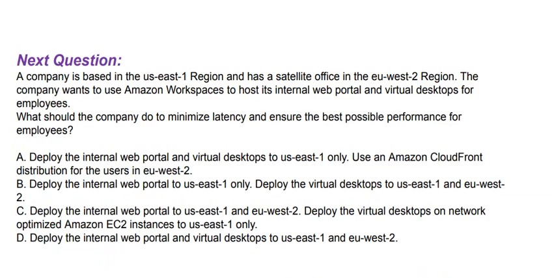Moving to next question. A company is based in the US East 1 region and has a satellite office in the EU West 2 region. The company wants to use Amazon WorkSpaces to host its internal web portal and virtual desktops for employees. What should the company do to minimize latency and ensure the best possible performance for employees? Option A, deploy the internal web portal and virtual desktops to US East 1 only. Use an Amazon CloudFront distribution for the users in EU West 2.